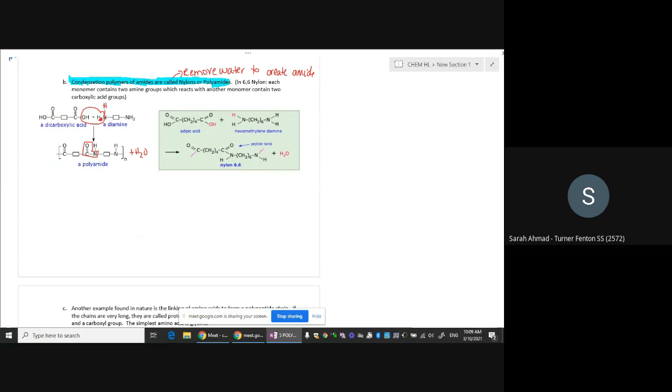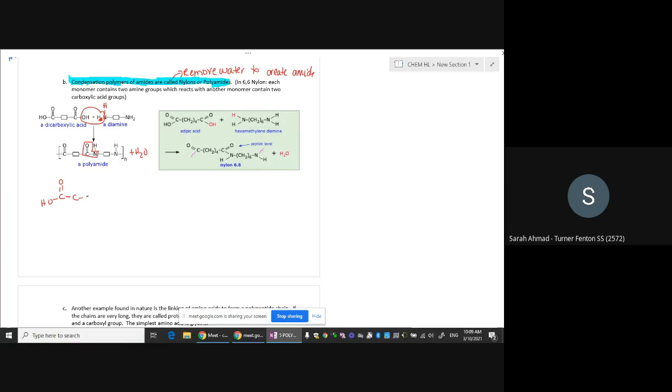Or really, it's made up of 1,6 hexadiamine, okay? Or 1,6 diaminohexane, same deal. But here we go. Let's draw what this would look like. So we're going to make a trimer again. They both have 6 carbons total.